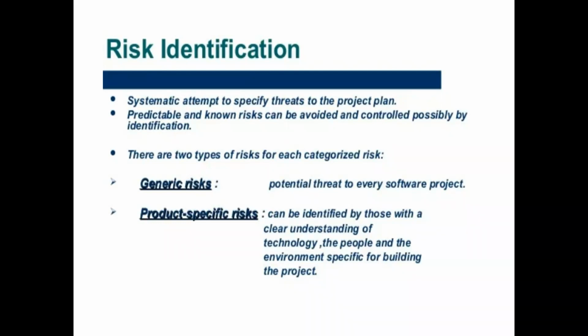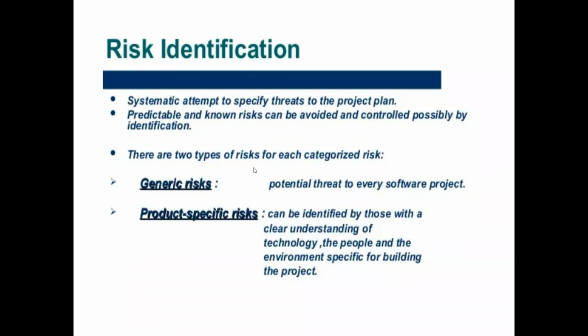First you have to identify the risk, whatever is going to happen or has happened. Both are okay. If it happened, how to handle it? Reactive. If it has not happened but may happen, that is called proactive. That is fine. Now, the first step you should do is risk identification.